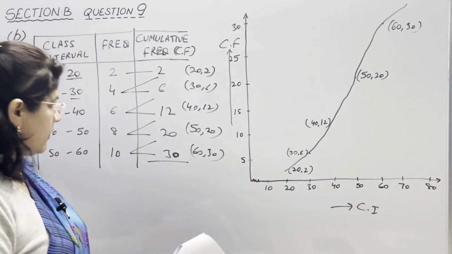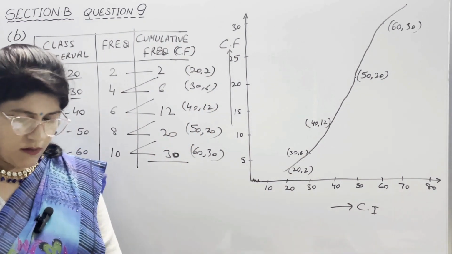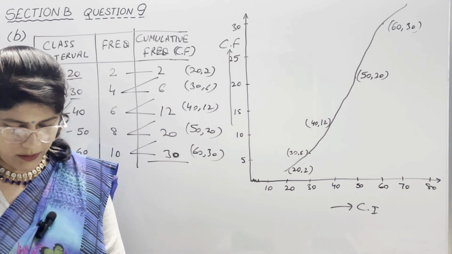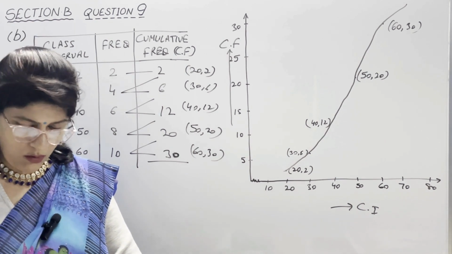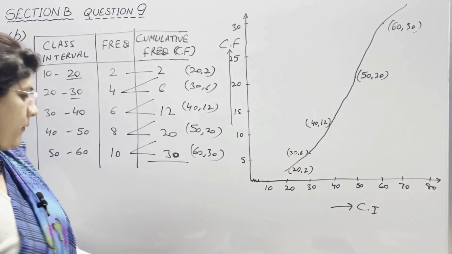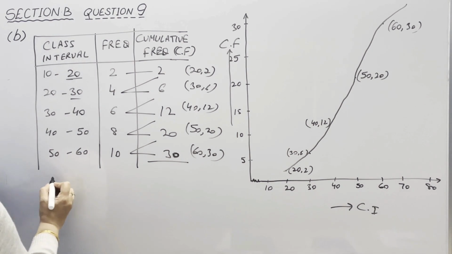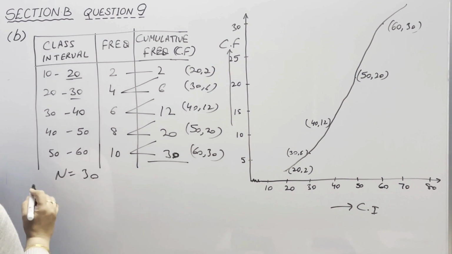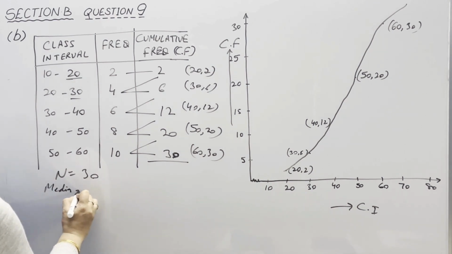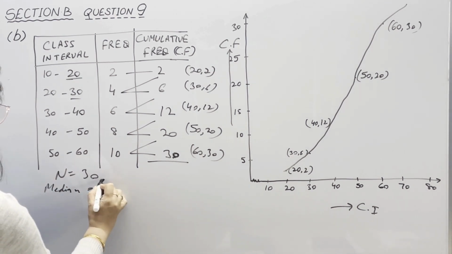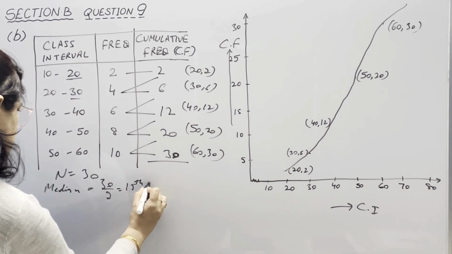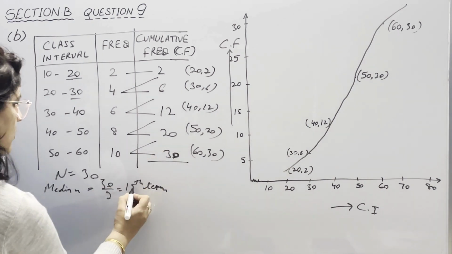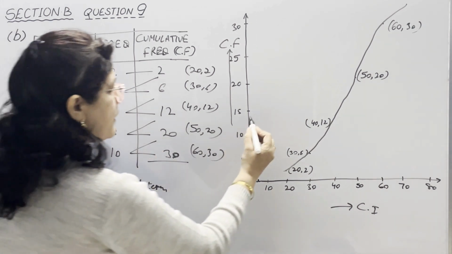Now for finding the median, we need to calculate the values. As we can see, our last cumulative frequency value is an even number. So for median, we just need to take half of it. So for calculation of median, n is equal to 30, it means even number. So median is just equal to 30 upon 2. It means 15th term. Now for the 15th term, we need to find it from the ogive.